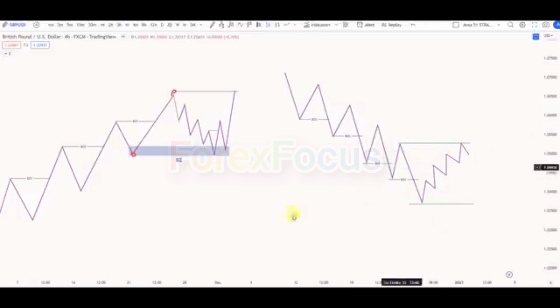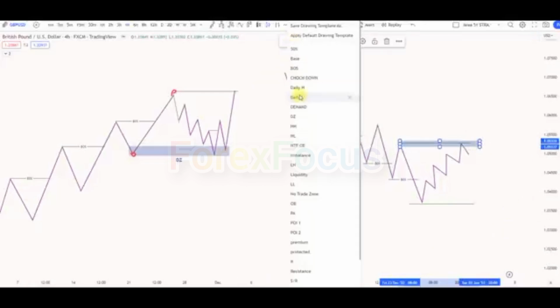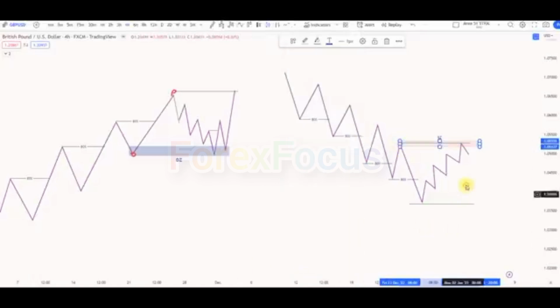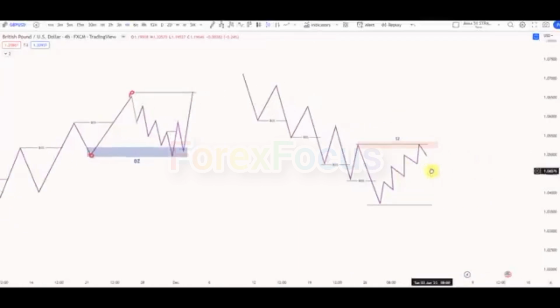Once you see the market going back up, to retrace and align with the higher time frame trend, you mark your supply zone. You find your supply zone on a downtrend market and a demand zone on an uptrend market. Around the higher low you find the demand zone, and the supply zone around the lower high most of the time.